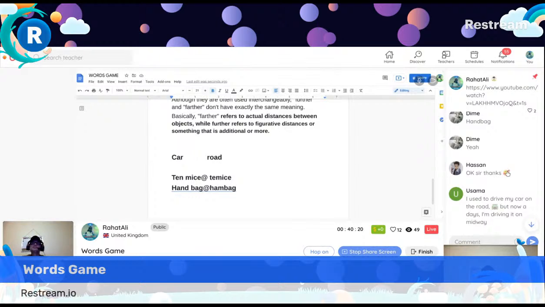Did you mean midway is the sideway? Okay, so can anyone make any more sentences with car and road?